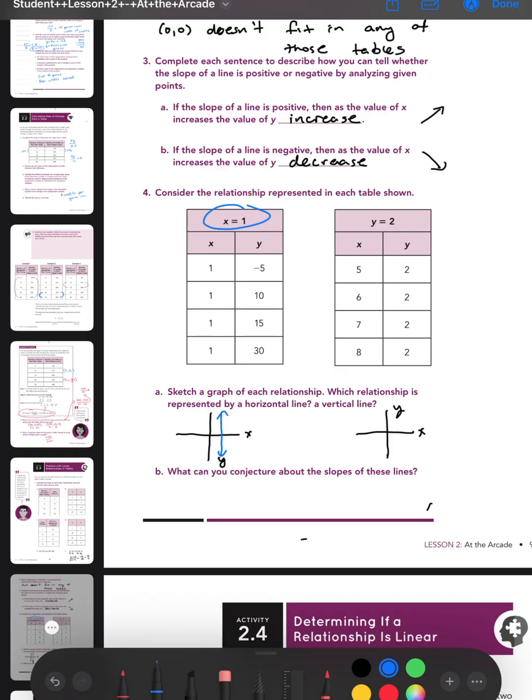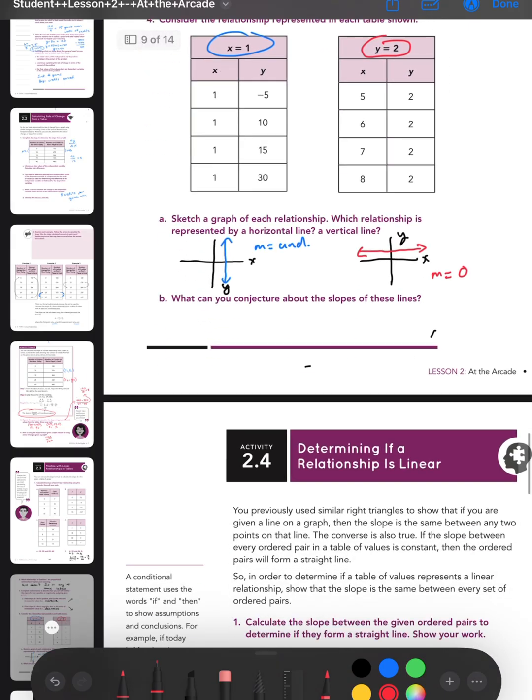That creates a slope that's undefined. We don't have a slope that's defined for a vertical line. And then y equals 2 is going to be a horizontal line going through 2 on the y-axis. And all horizontal lines, like we saw on the last page, create a slope of 0. So horizontal lines, and I kind of just answered B already, that conjecture, horizontal lines create a slope of 0. Vertical lines create a slope that is undefined.